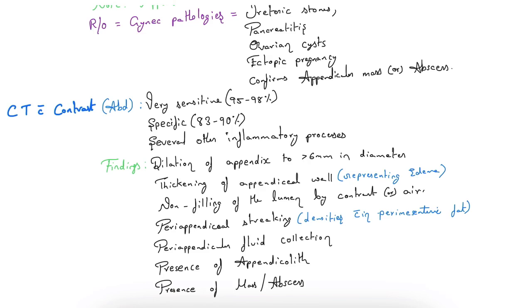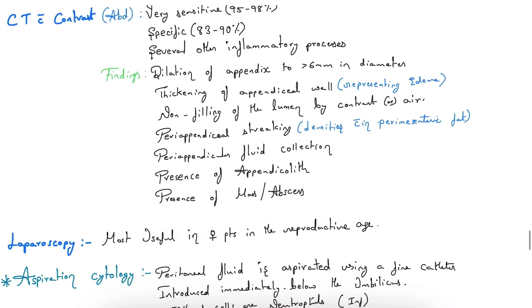by contrast or air, and we can see periappendiceal streaking and densities within the perimesenteric fat, and periappendicular fluid collection, and we can see the presence of appendicolith, and the presence of mass and abscess.